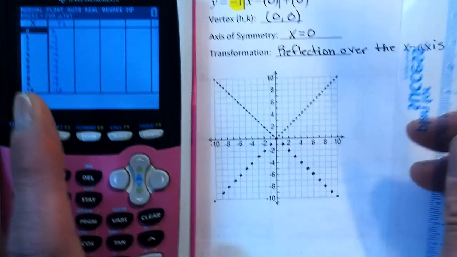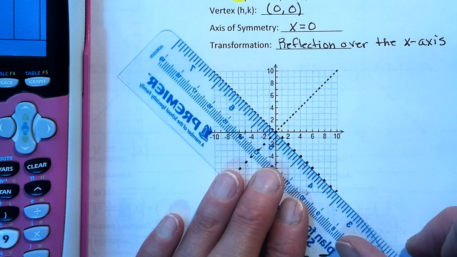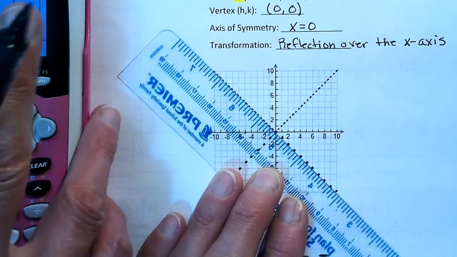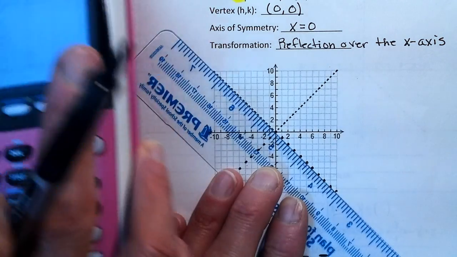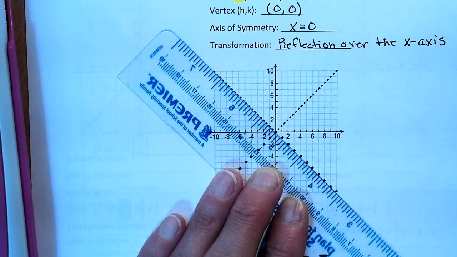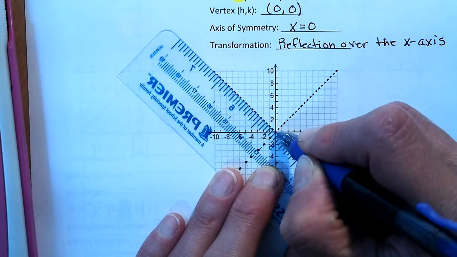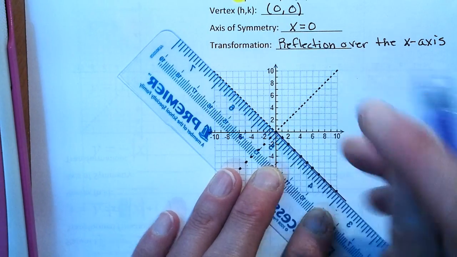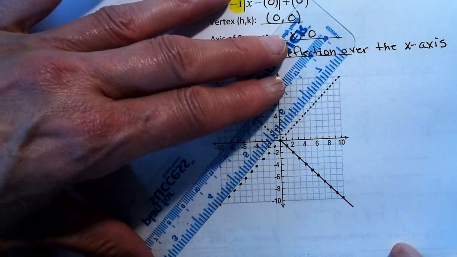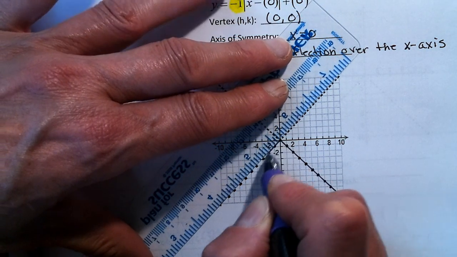So if you're not clear what I did here, go back and plot those points in your calculator. I just don't want to spend time plotting points. So this here goes down.